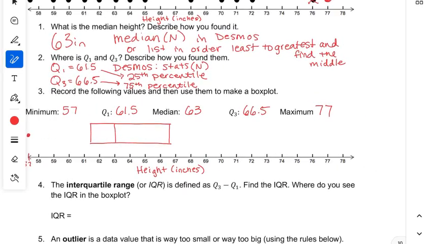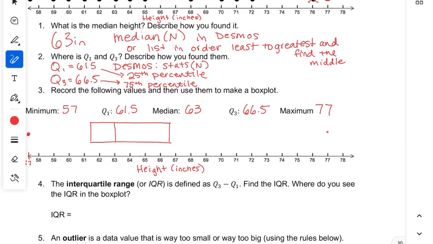And that makes the box of the box plot. And then put your max dot and connect them with, back in 8th grade, we called this a box and whisker plot.